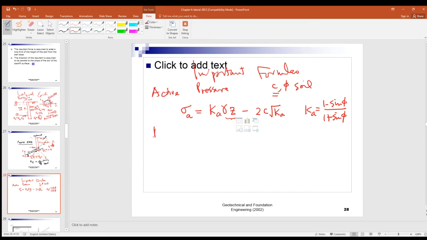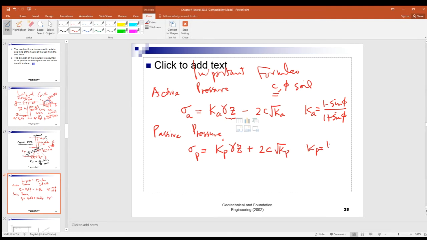And what about for passive? Passive pressure is equal to Kp gamma Z plus 2c square root Kp. Now, what's Kp?